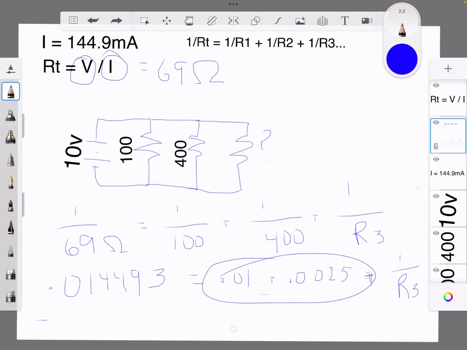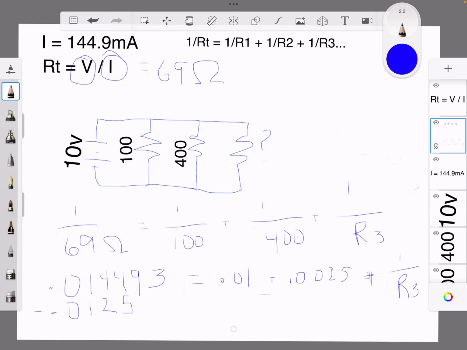Whatever you do on one side of the equals, you do on the other. So we're going to add these two together. 0.01 plus 0.0025 is 0.0125. So minus 0.0125.